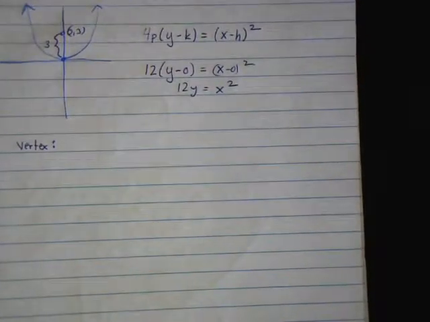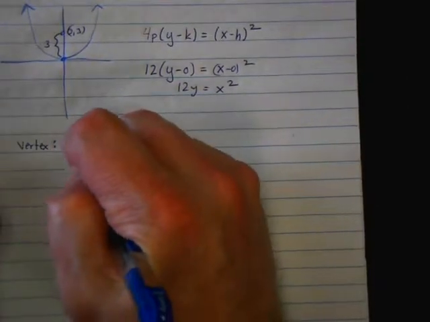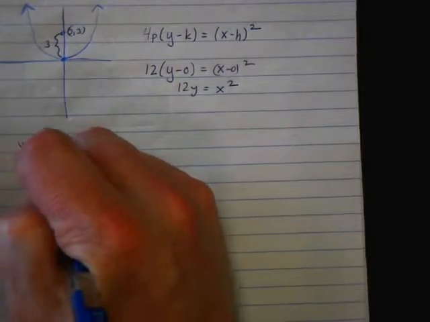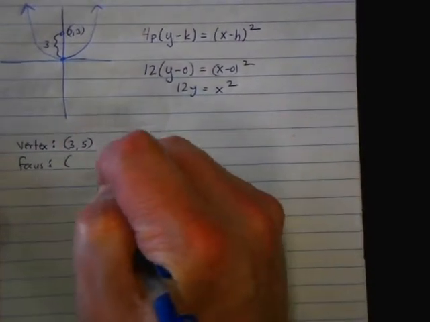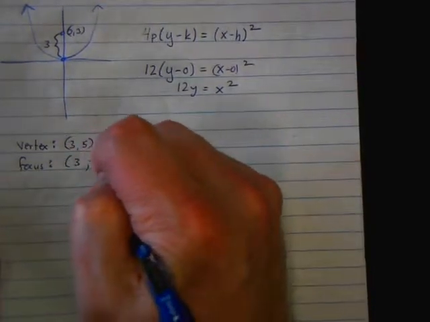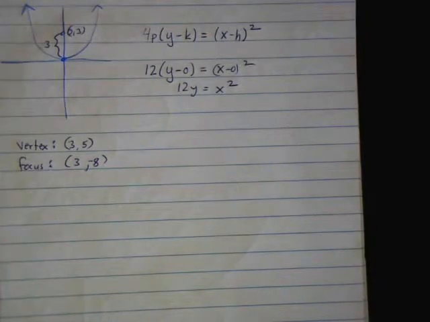Give me a vertex this time that does not sit at the origin. 3, 5. And give me a focus. Let's make it 3, -8. Which way does this parabola open?